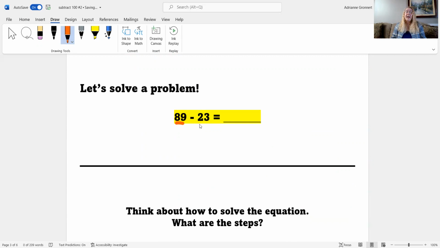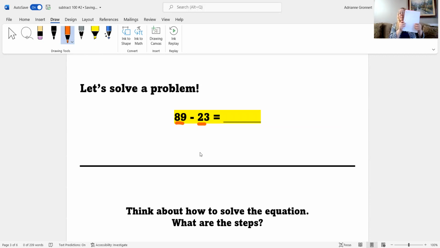89 take away 23. Think about how to solve the equation. What are the steps? Do you remember? Yes, the first thing we need to do is draw the open number line on our paper.